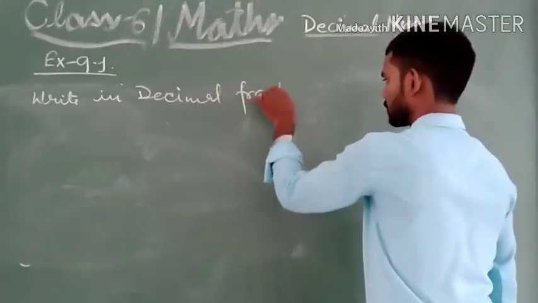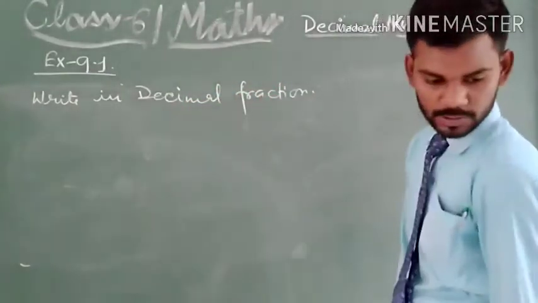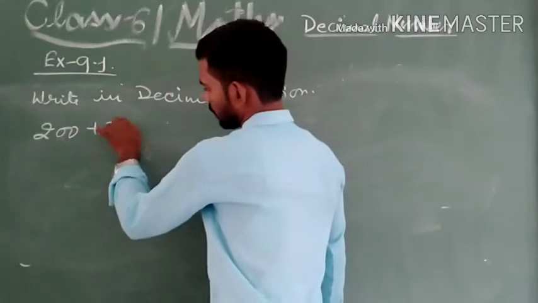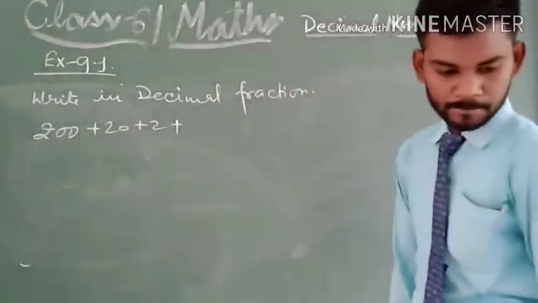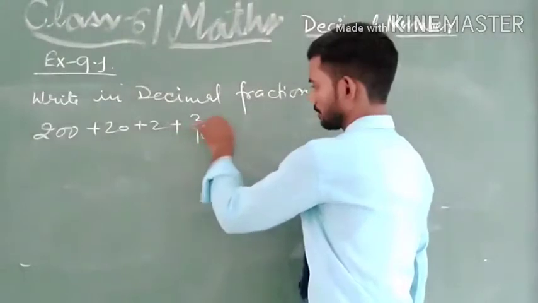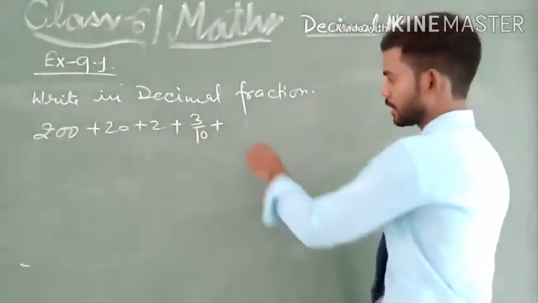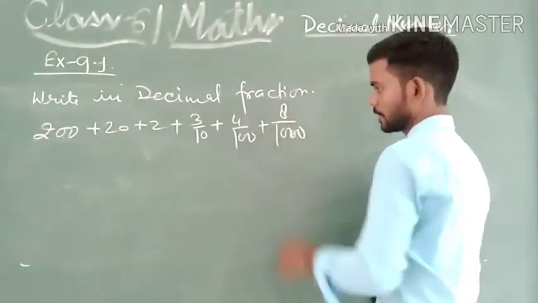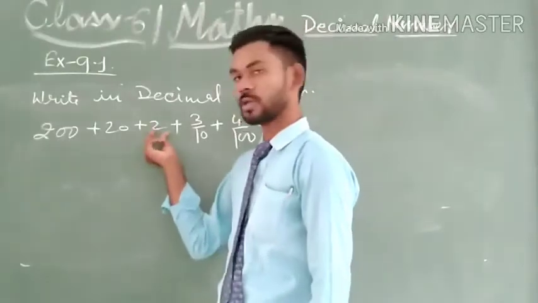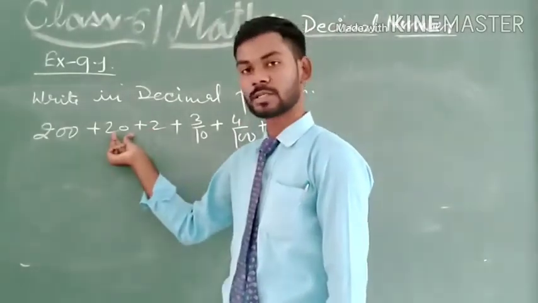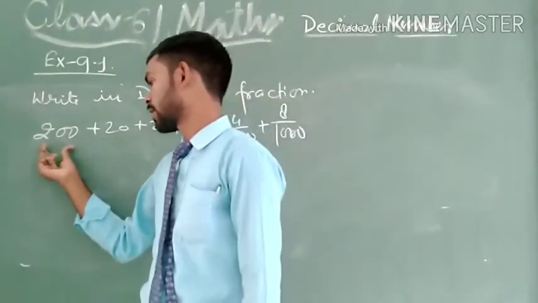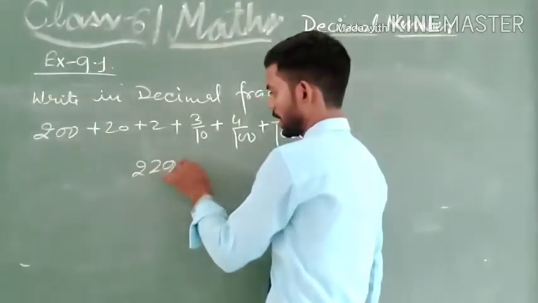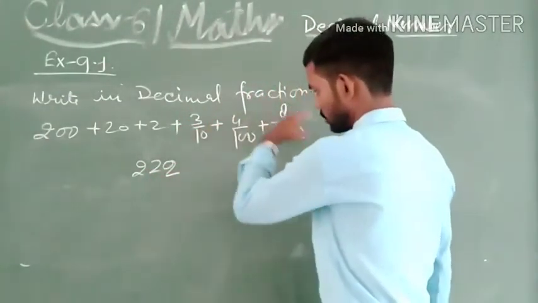Here the first question is 200 plus 20 plus 2 plus 3 upon 10 plus 4 upon 100 plus 8 upon 1000. Okay, so here we can see that 2 is at the ones place, 2 plus 20 is 22, and 22 plus 200 is 222.